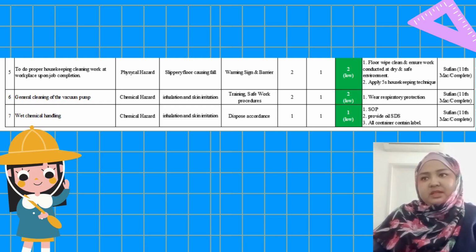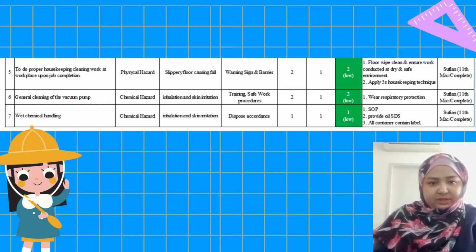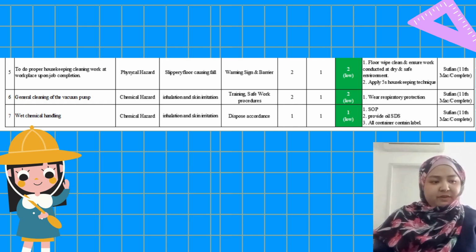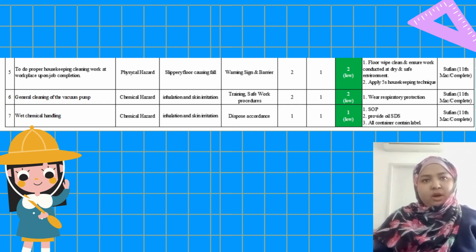The next situation, which is number 6, general cleaning of the vacuum pump. Okay, it involves a chemical hazard and can affect by inhalation and skin irritation. Okay, the risk control is training safe work procedure, and we can see from the table it is a low risk.